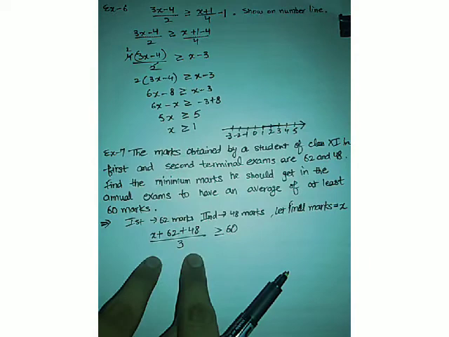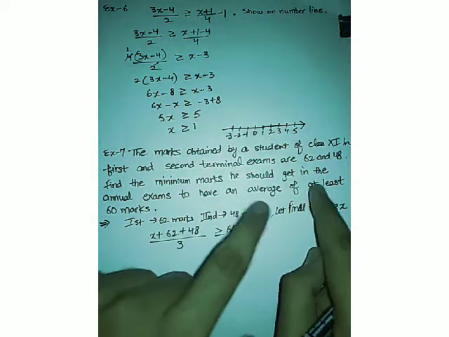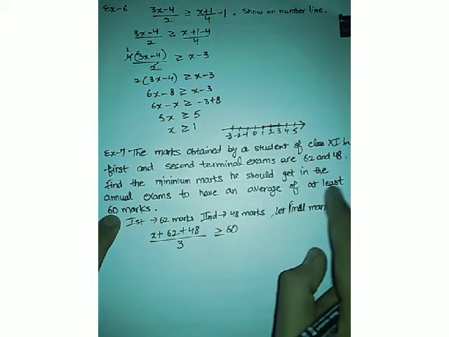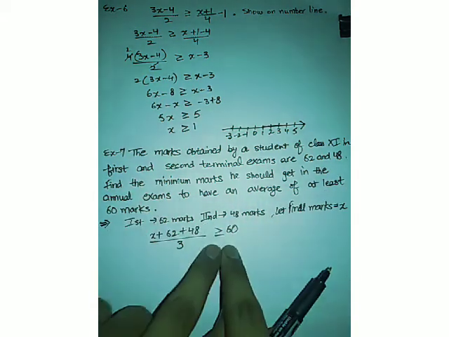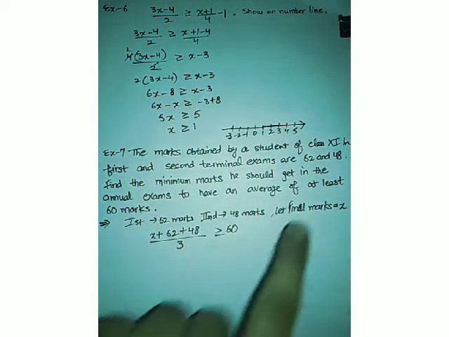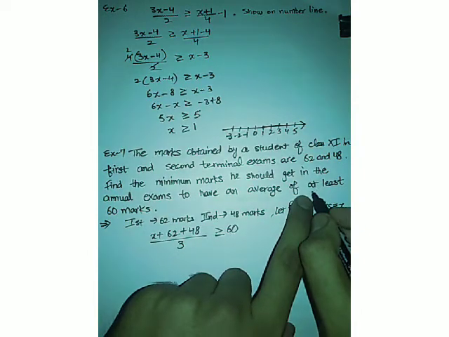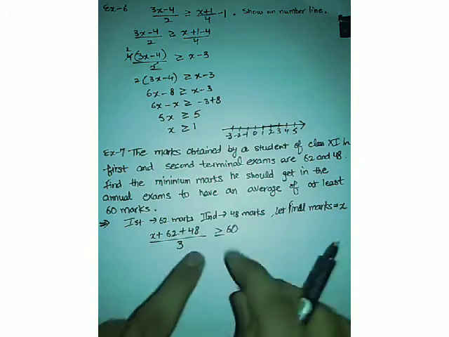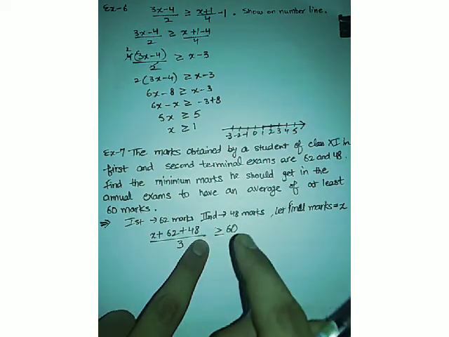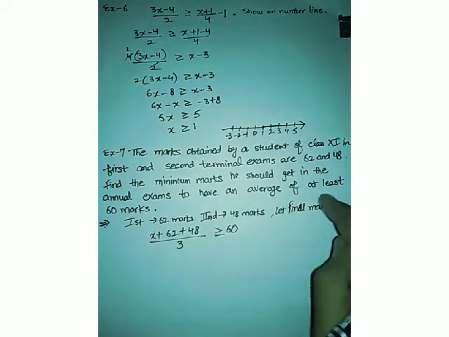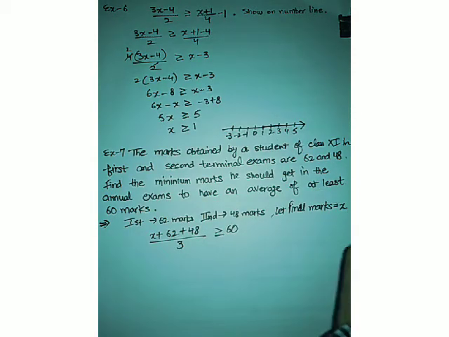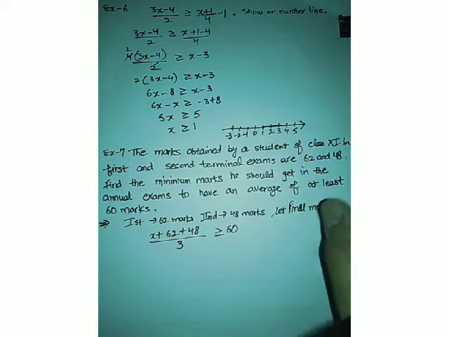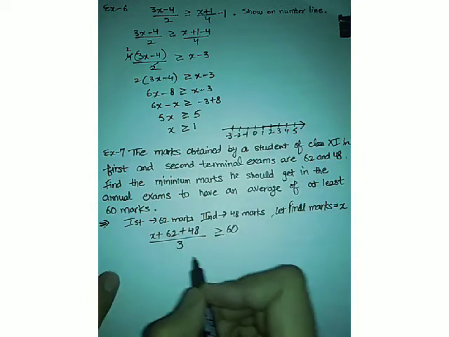So we have written it in the average form, and since at least, the lowest limit of average marks, was given, we wrote greater than or equal to. If at most had been written, then the inequality sign would be reversed. It would be less than or equal to 60. So just take care of these things: at least, at most, maximum, minimum. All right, so now let's solve this inequality.